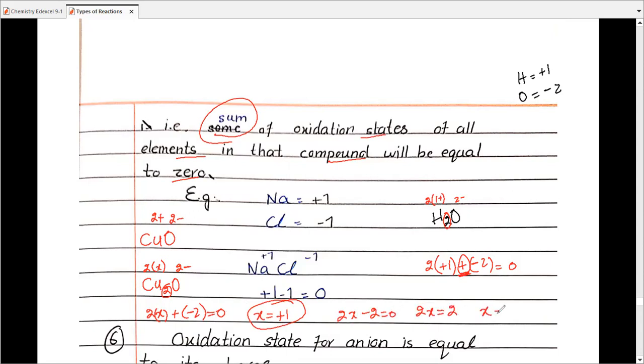It is going to be x is equal to 2 over 2, the answer to which is 1. So x is equal to plus 1. Actually, this point is a huge helper to find out the unknown oxidation state for any atom. That could be a metal, that could be a non-metal, that could be a metalloid, that could be anything.